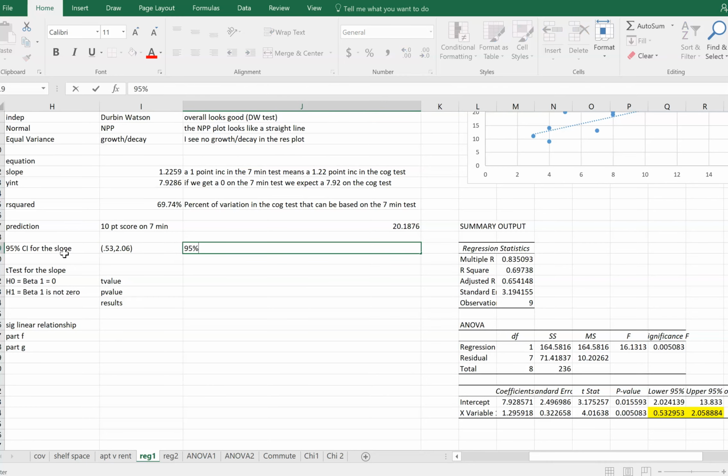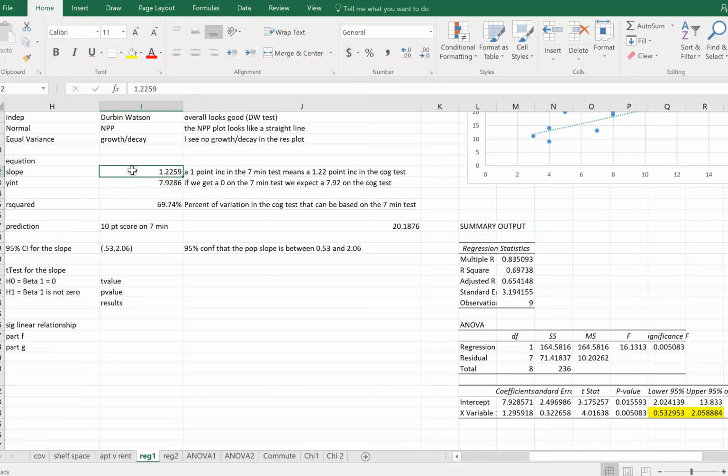There's a 95% confidence that the population slope, that is, if I took every single person that came in for the Alzheimer's diagnostic test, is between 0.53 and 2.06. That's the bounds on the slope. The sample slope is 1.22.